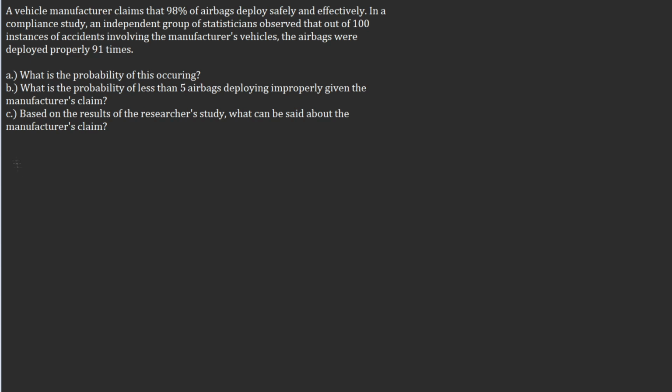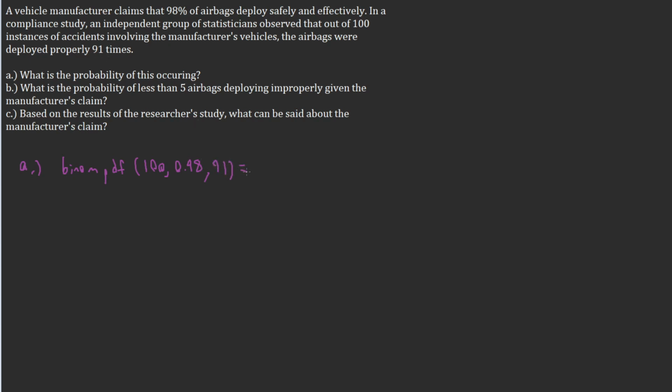And so this is just going to be that probability mass function, or that binomial PDF. Here we have 100 trials, and we have a probability here of, let's say, 98%. There's a 98% chance of the airbags deploying properly, and it looks like they were deployed properly 91 times.